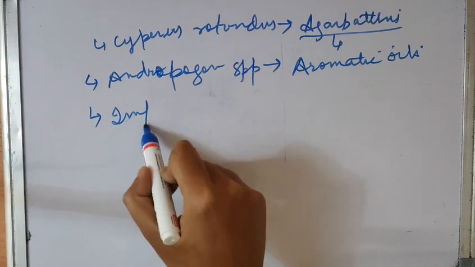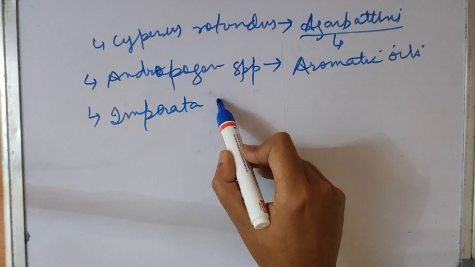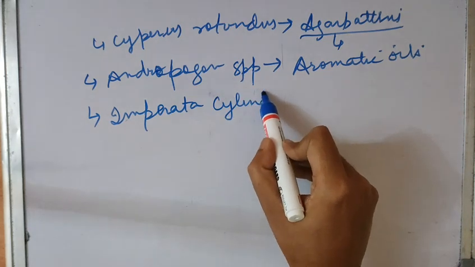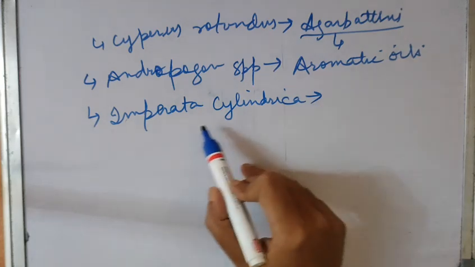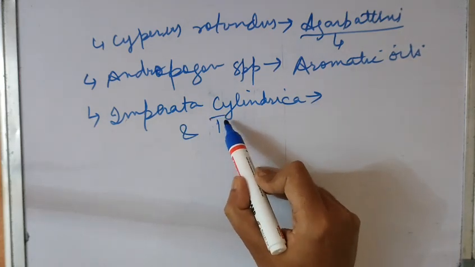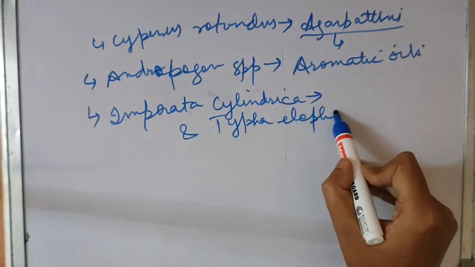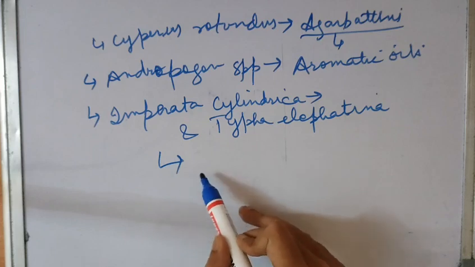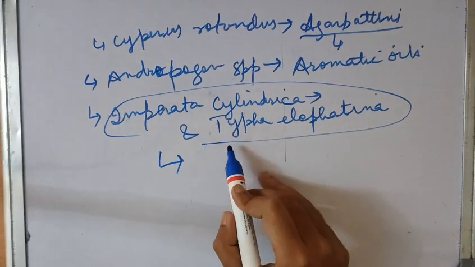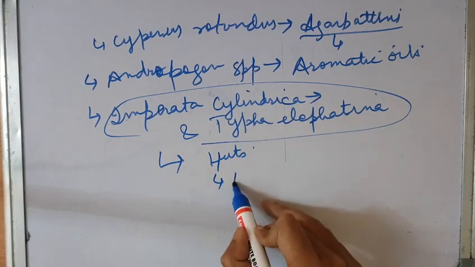Then we have got Imperata, it's Imperata cylindrica, and Typha elephantina. These are used in making huts, thatching roof of huts.